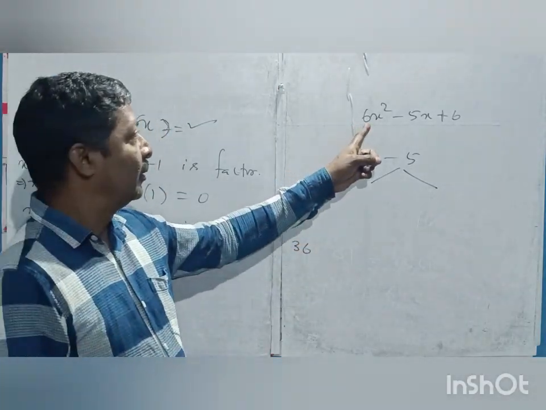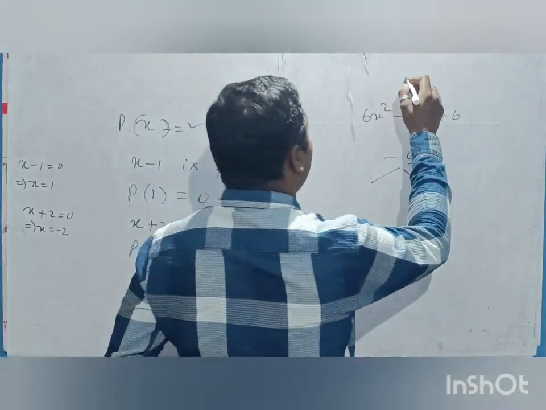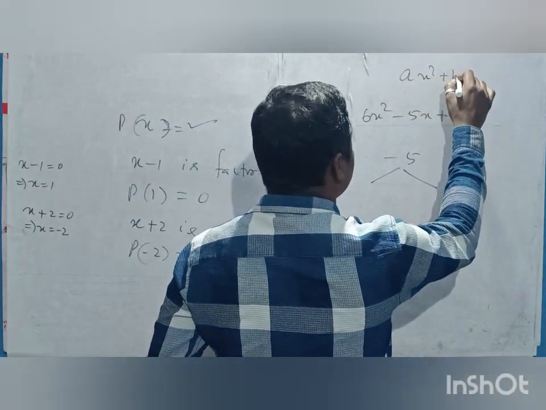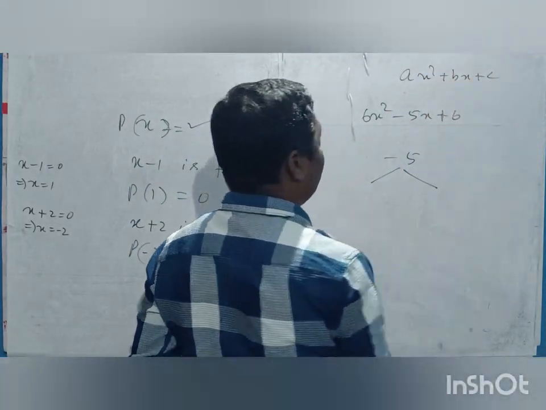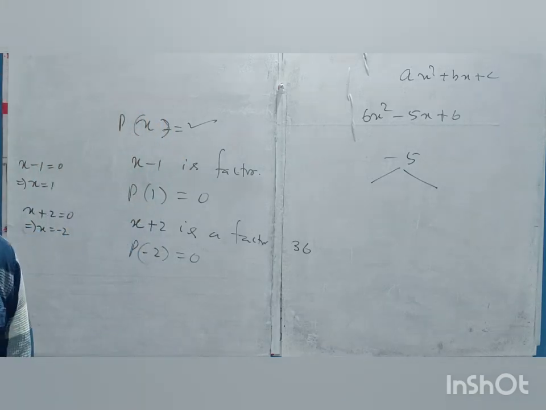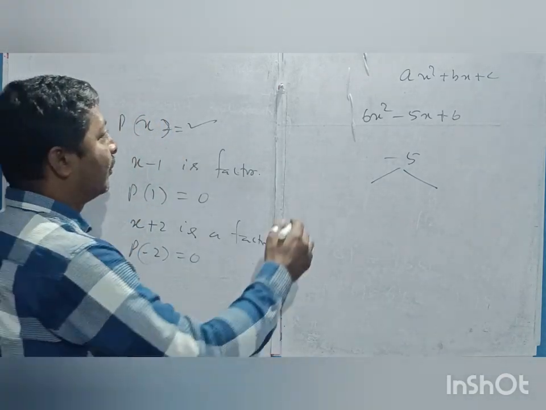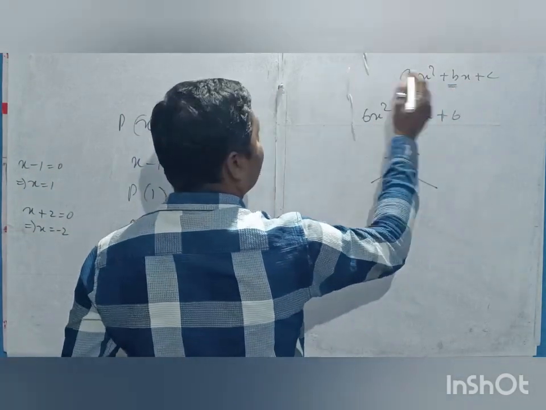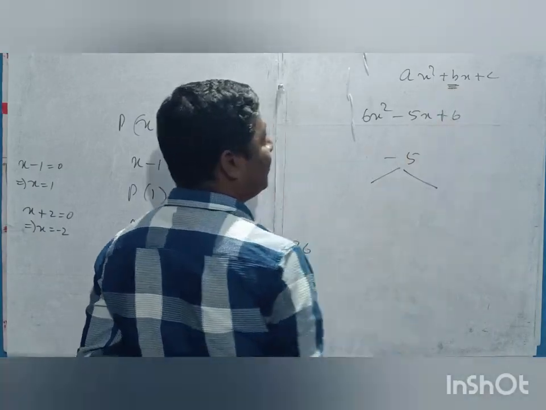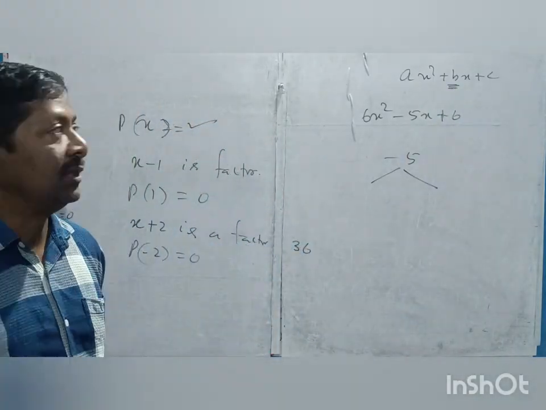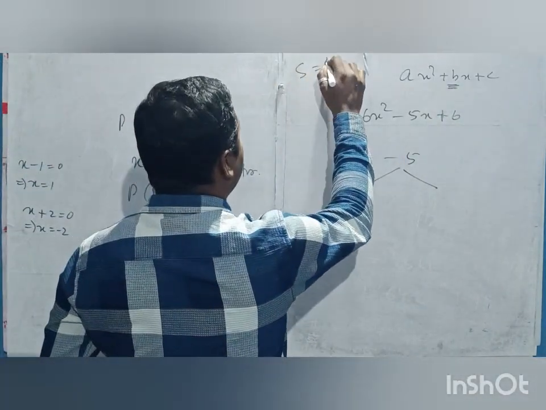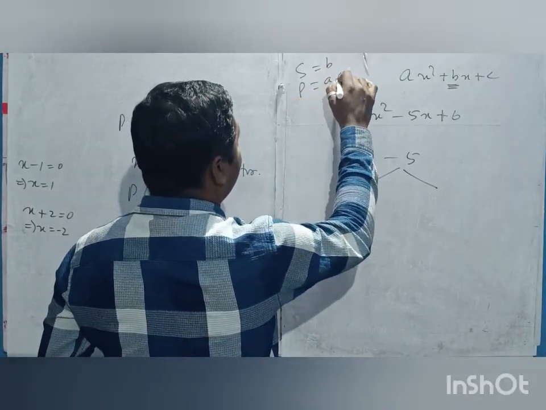This is the form of ax square plus bx plus c, a quadratic polynomial. The sum is b and the product is ac.